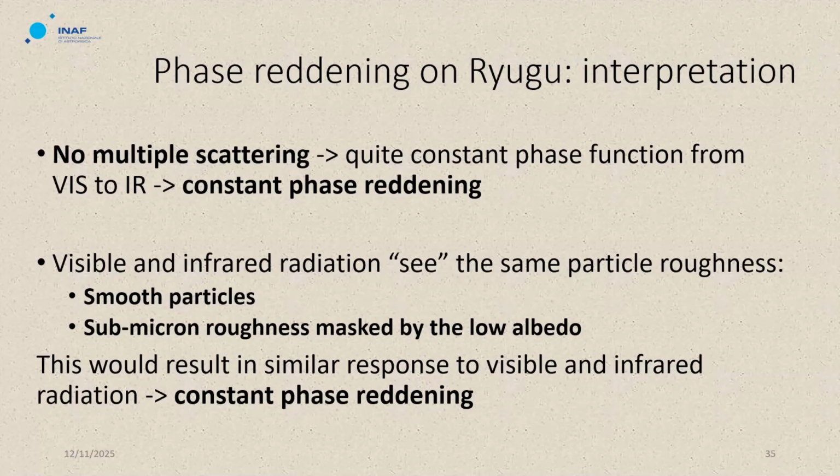I didn't know when I wrote the paper that this could happen, but it has been highlighted by following papers. So the most reliable explanation is the smoothness of the particles of Ryugu.